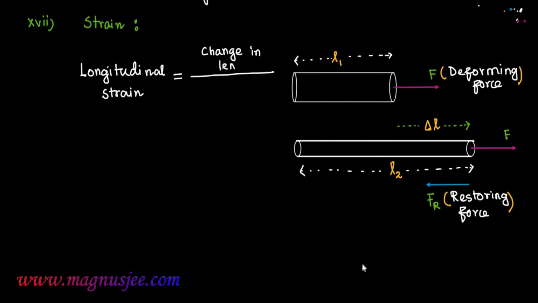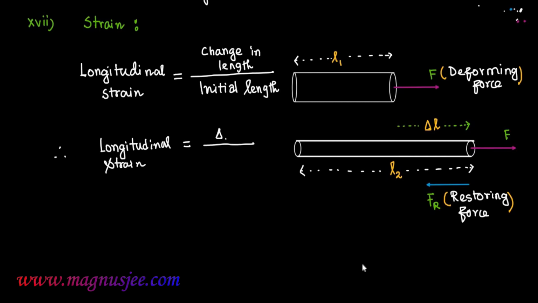Longitudinal strain is the ratio of change in length and initial length of the wire. Therefore longitudinal strain equals delta L divided by L1.